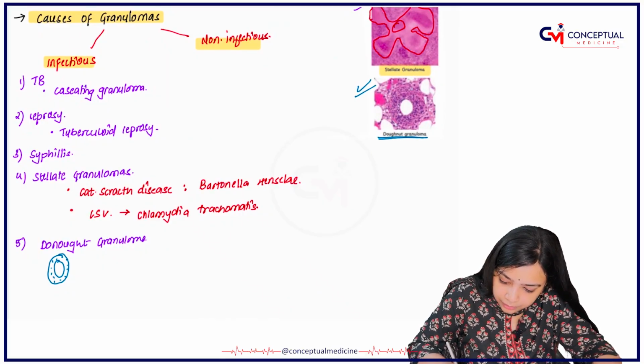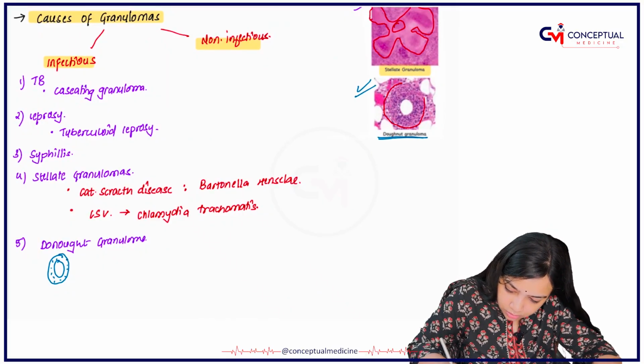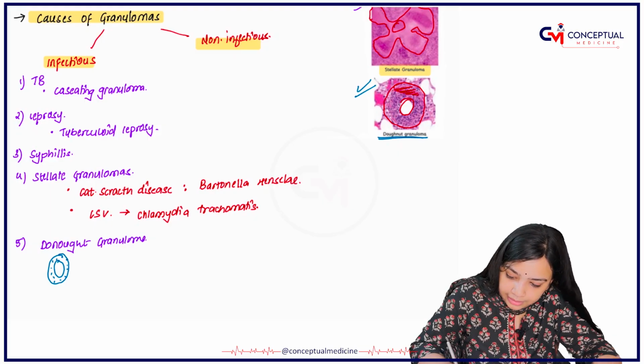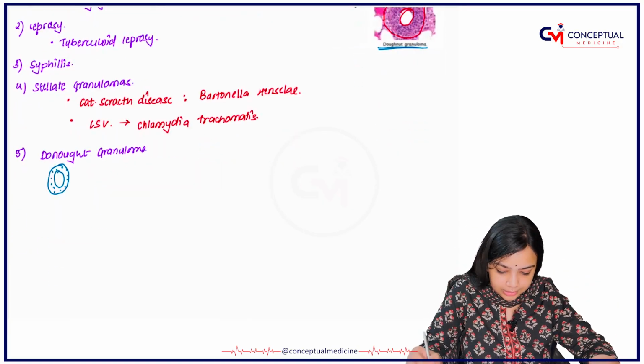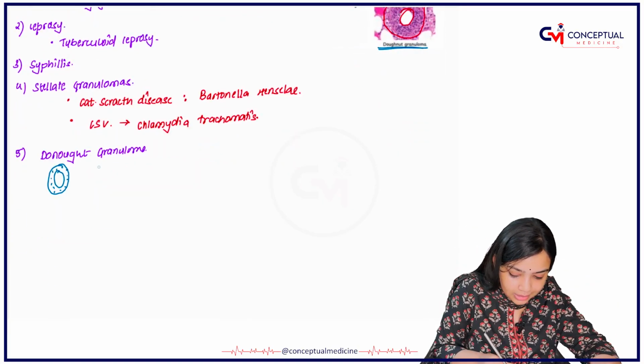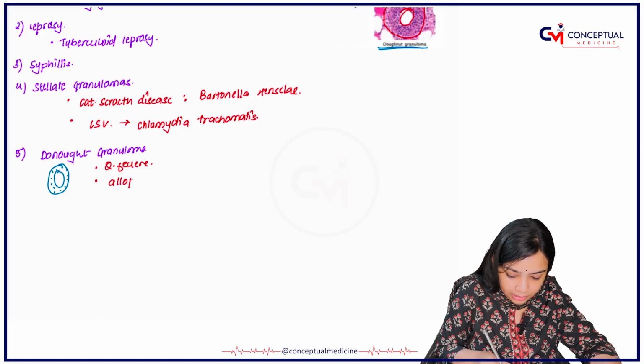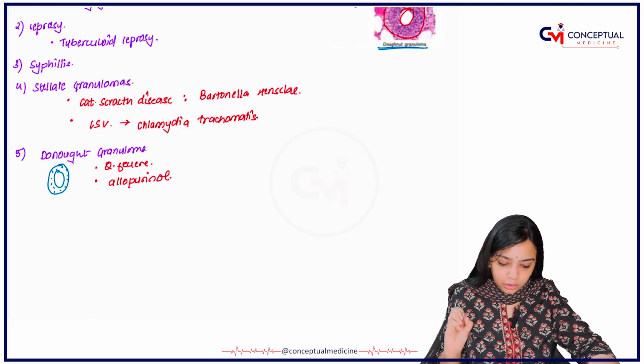In this figure, this is a donut like pattern that you have, right? Next, you all need to understand is donut granulomas are basically seen in your Q fever, okay, and in the allopurinol disorders if there is excess of allopurinol.